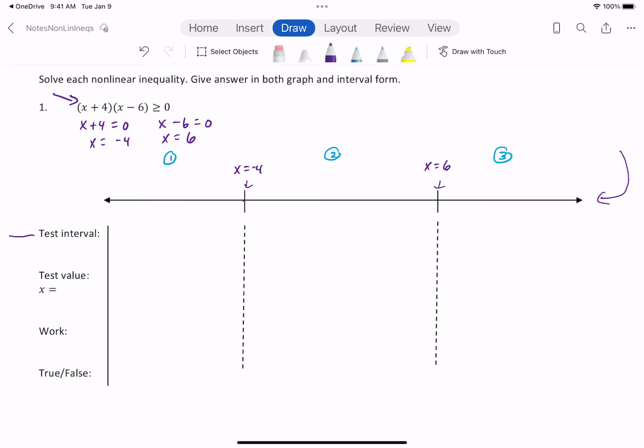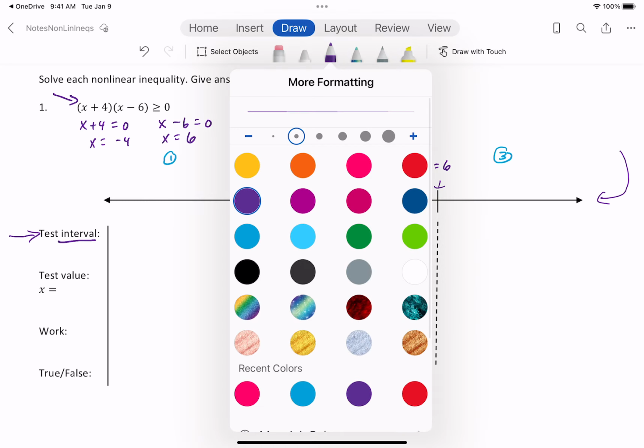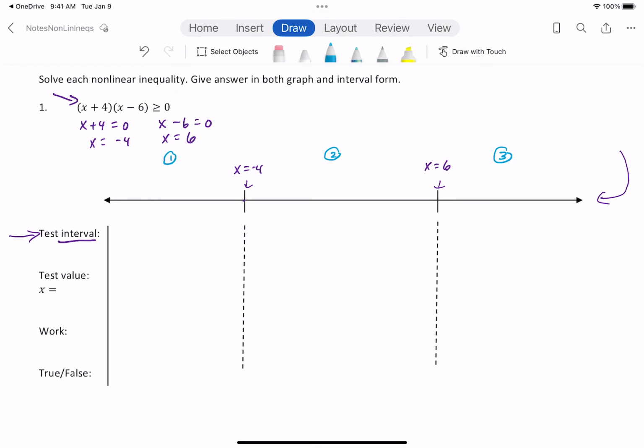So this first thing says test interval. So when you see interval, we've talked about interval notation previously, right? So I want the interval first that describes from here to here. That's my first region, right?